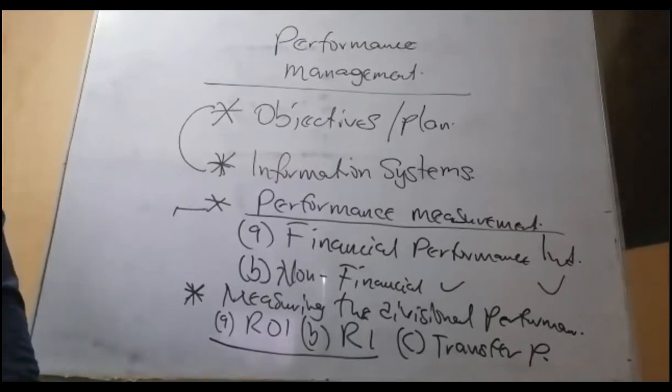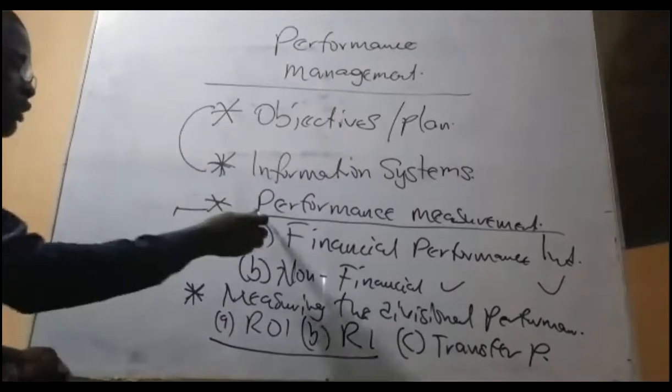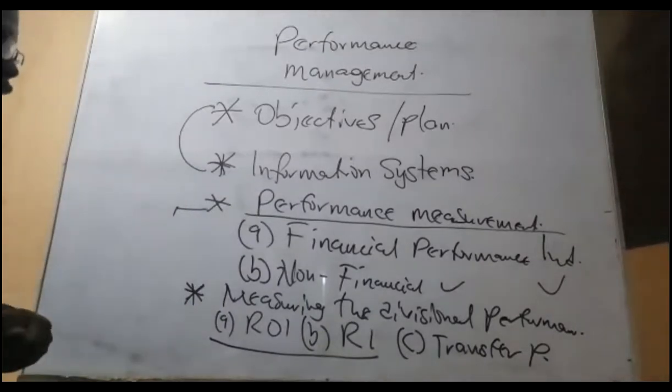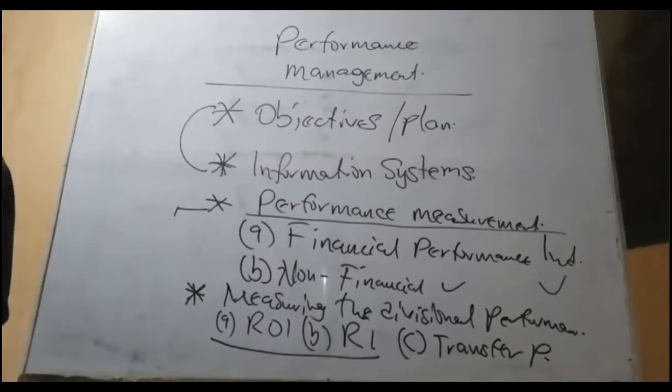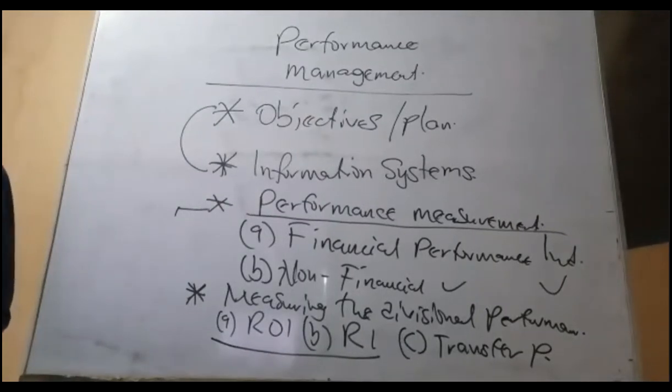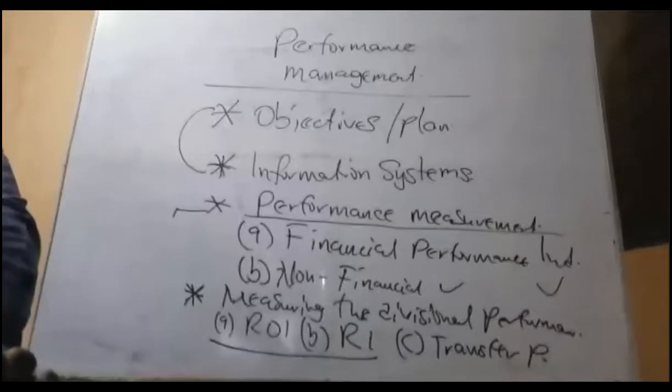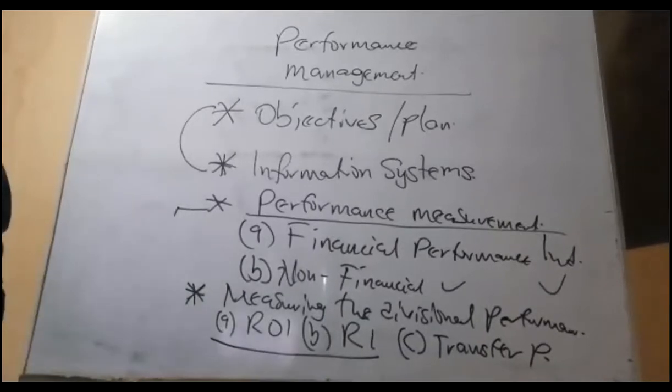So let's start the actual work from performance management. If you want to measure the performance of the entire corporate organization, what are the factors that you have to consider before we can successfully measure the performance of the organization?